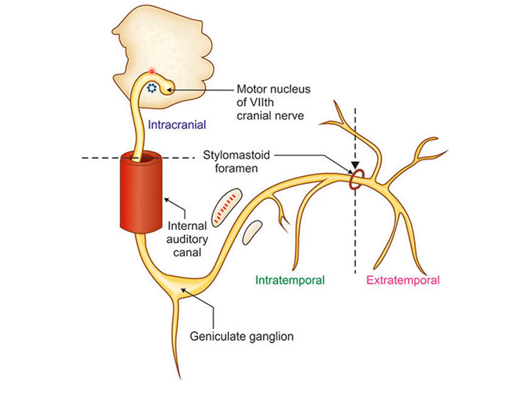So this is another way to look at the course of the facial nerve. Originating inside the pons, the facial nerve enters the internal auditory canal and then traverses a Z-shaped canal in the temporal bone known as the facial canal, where it produces a swelling known as the geniculate ganglion, and then it exits the cranial cavity through the stylomastoid foramen.